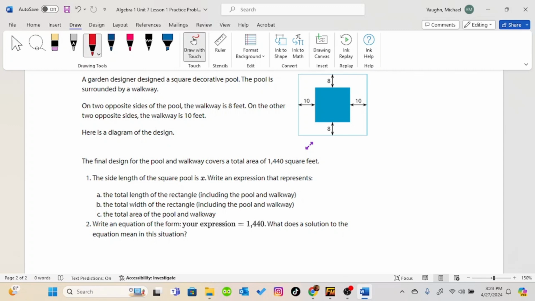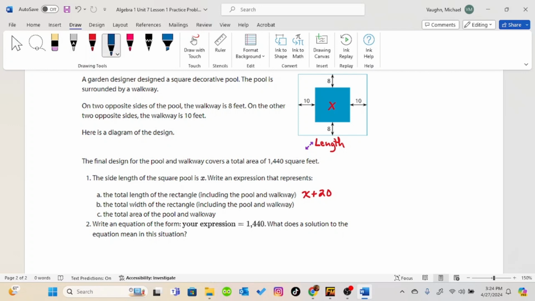So I am going to call the length from left to right. So if the pool in the center is x, then the total length would be x plus 20, because you would add 10 for the left side and 10 for the right side.